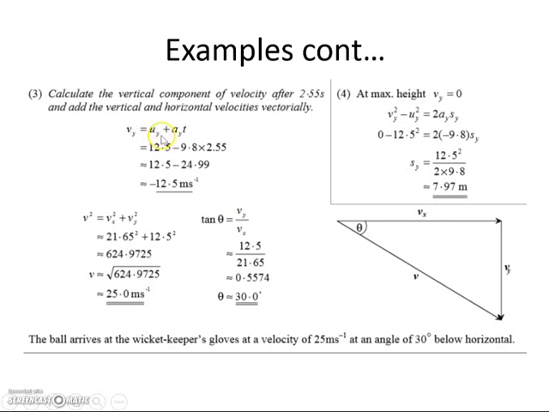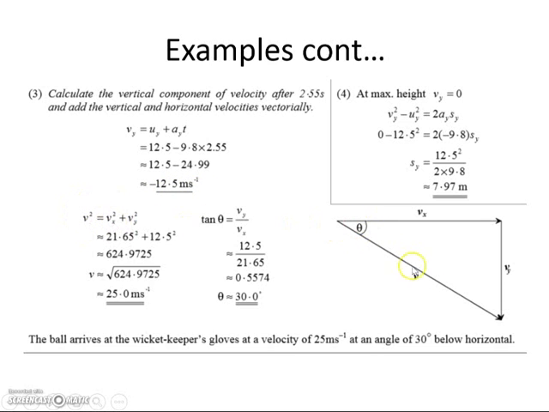Here we know u of y is 12.5, from our initial calculations. a is our gravity, and t is our time of flight, 2.5, and that gives us a v in the y direction of negative 12.5, which makes sense because it's the opposite of when it went up.